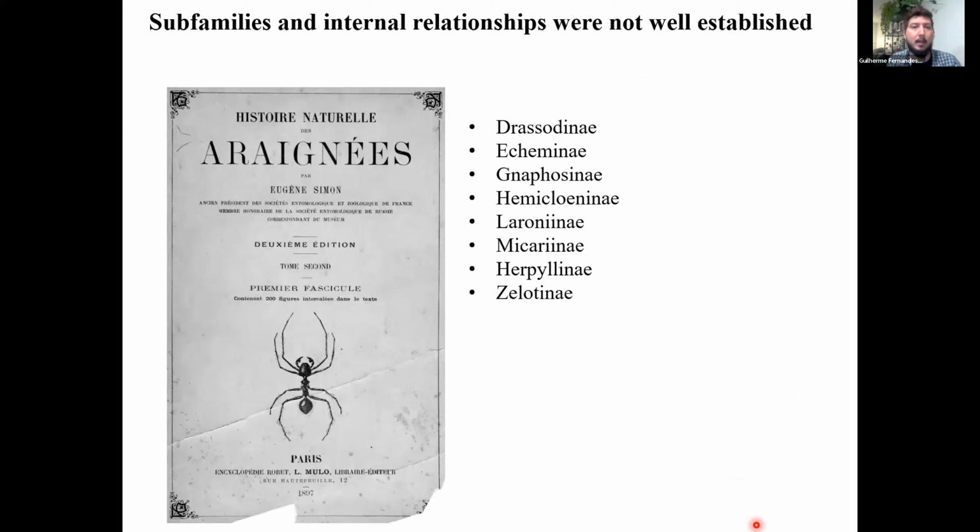They were basically names that were used before by Eugene Simon, or some modifications, of course, but there was not a clear definition of what was Drassodinae, Echeminae, Gnaphosinae, and all other subfamilies or subfamilial groups.